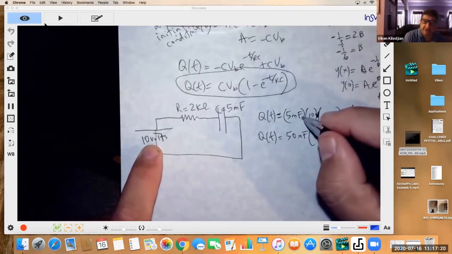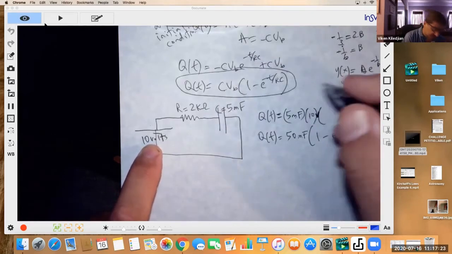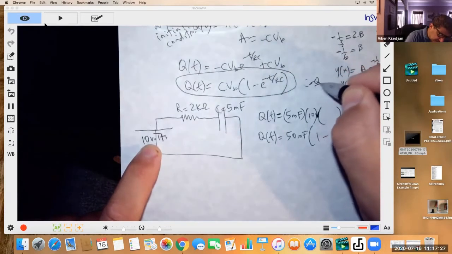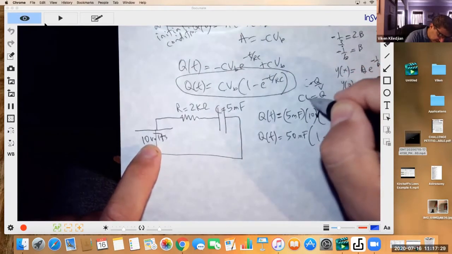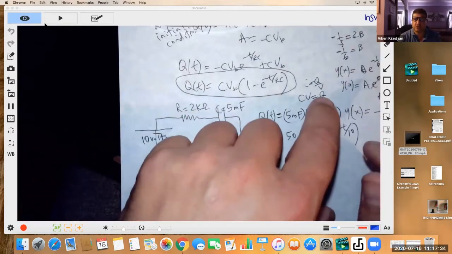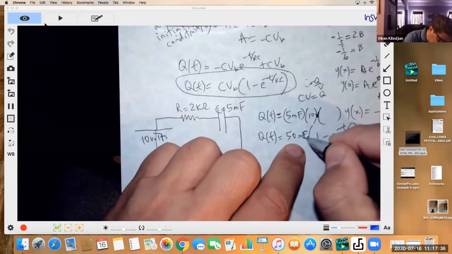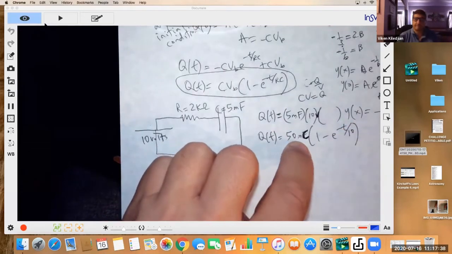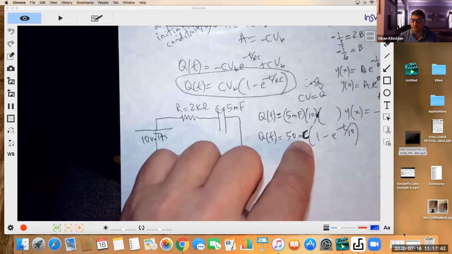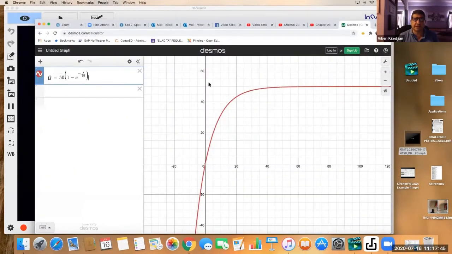Volts times farads is coulombs. So remember, C is equal to Q over V, Q is equal to CV. So this thing here, CVB, should have units of coulombs. So this is 50 millicoulombs. Okay, so the vertical axis here is in millicoulombs. So the maximum charge of the capacitor will be 50 millicoulombs.